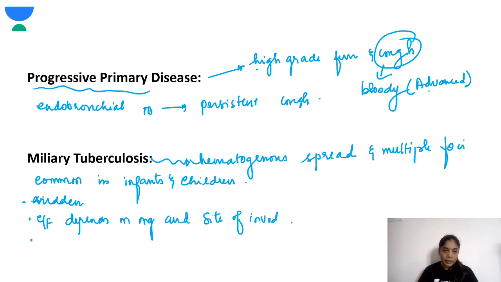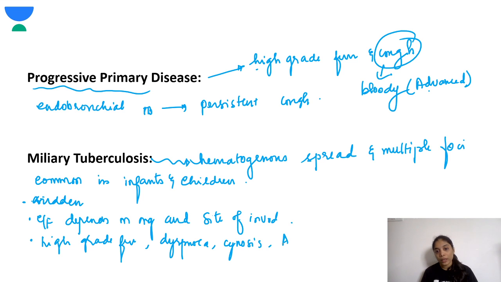When you think of the systemic presentation, they'll have high grade fever, they'll have dyspnea, they'll have cyanosis, they'll have altered sensorium.